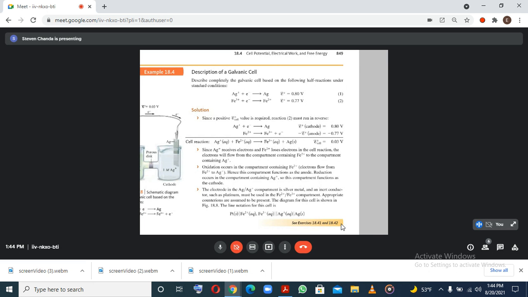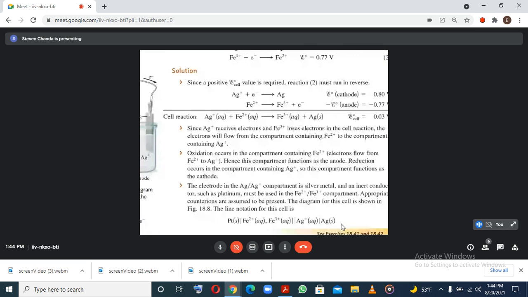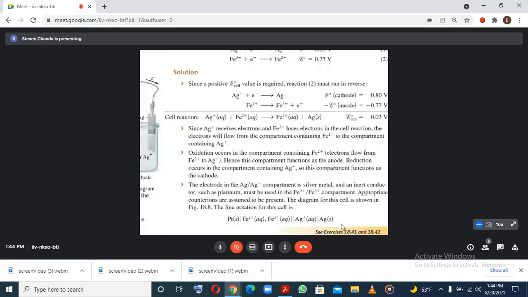Now you see that the ions which we have are both ions. There is no metal. The best way you can tell is look at the state symbols. The two ions that we have are all in ionic form. There is nothing metallic, nothing that is a solid that can act as an electrode.